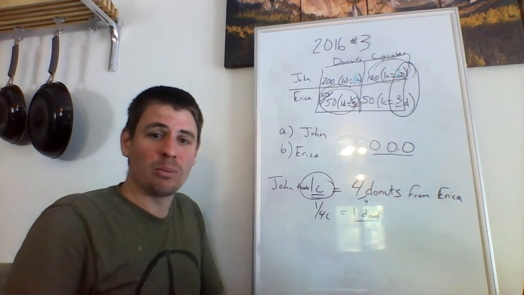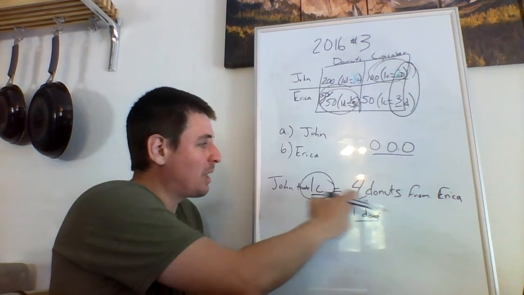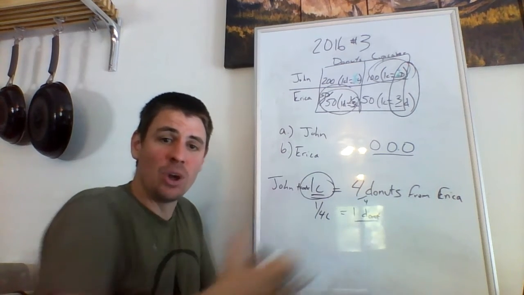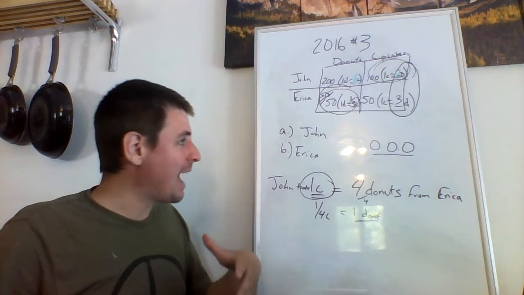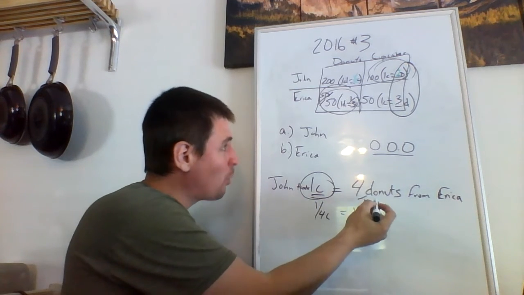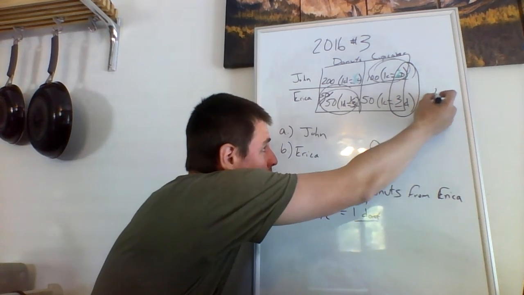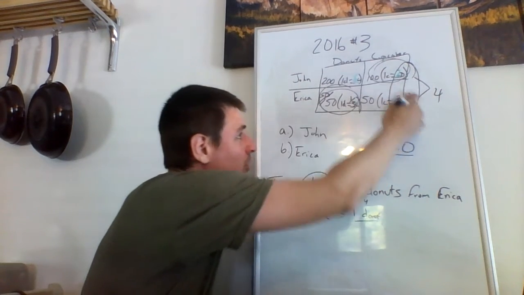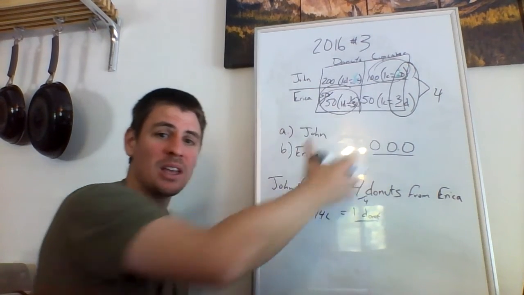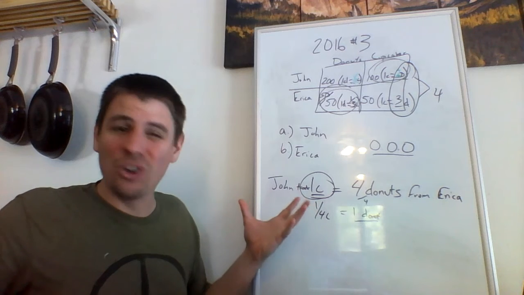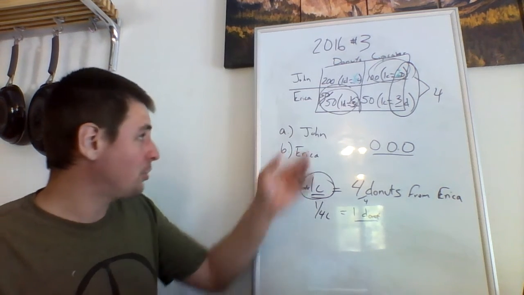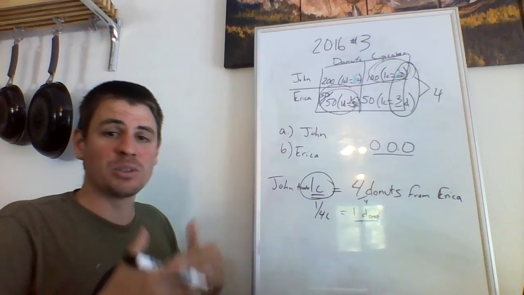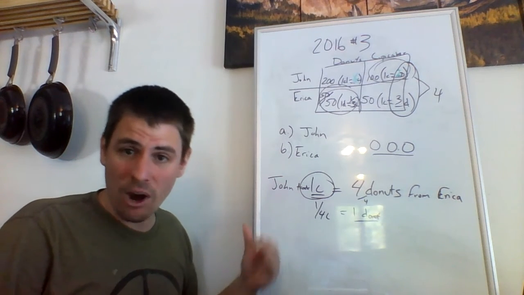A fair term of trade might be 1 cupcake for 2.5 donuts. Both would benefit from that trade. Now, since it's 1 cupcake for 4 donuts, and the number 4 is outside that range, 2 to 3, then it's not a good trade. It's not going to be mutually beneficial. One person will really like the trade, in this case, John. One person will really not like it, in this case, Erica.